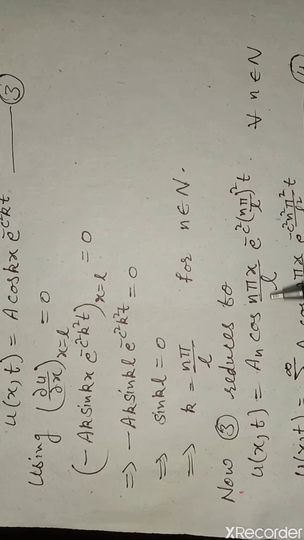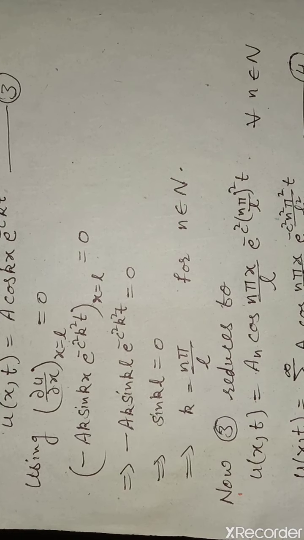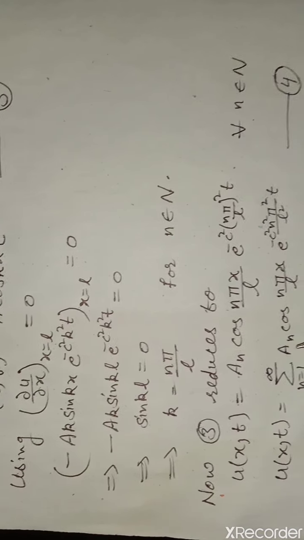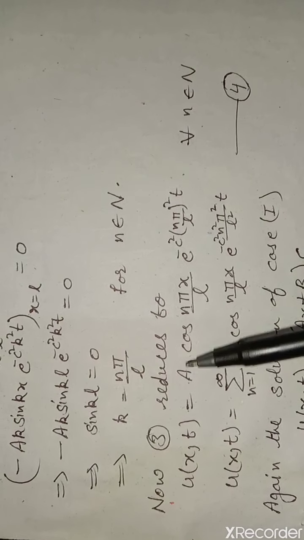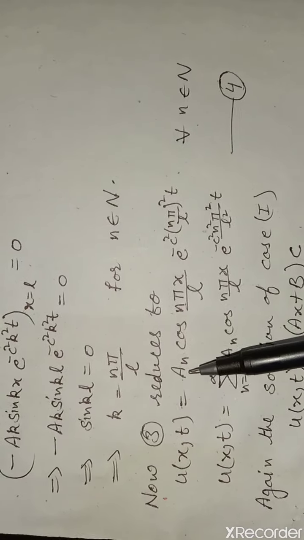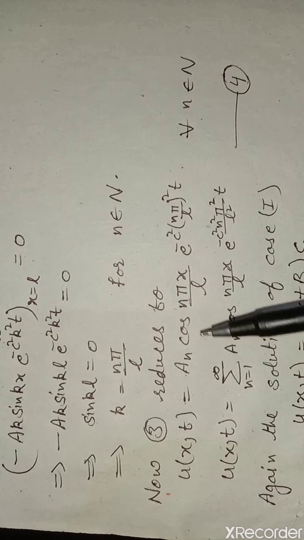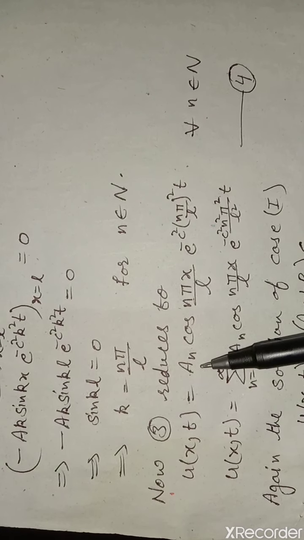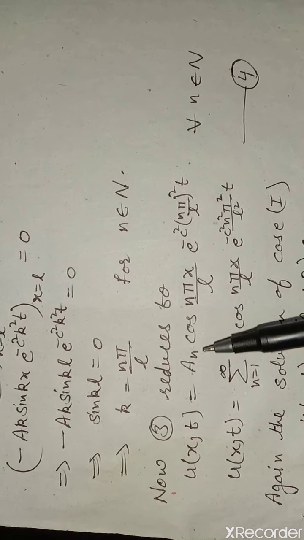For n is equal to 2, we have another solution. So we sum up all these solutions because the addition of solutions is also a solution. And here, instead of a, I have written a_n, as for different values of n we have different constants, or the constants may be the same also.